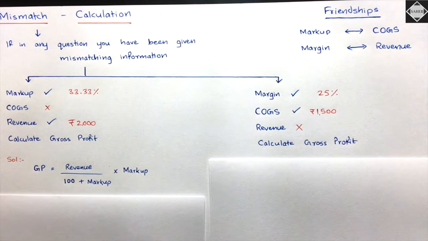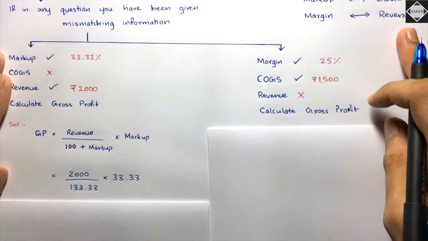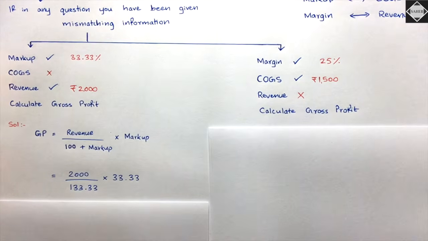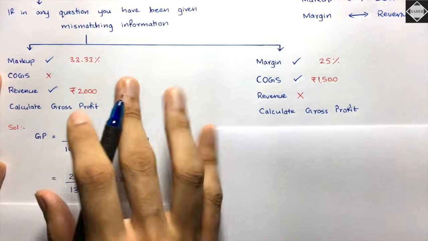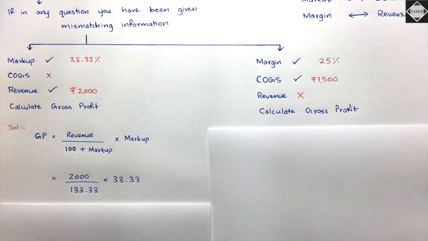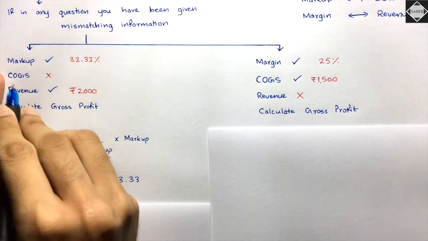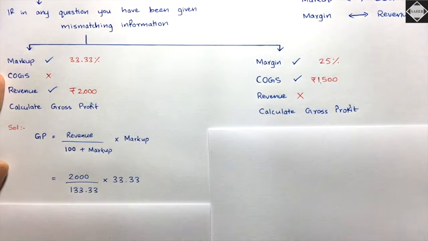Okay, so let's just see that. How will you calculate? It's really simple. 2000 is your revenue, divide by 133.33 into 33.33. Now what's the logic and everything about this? Let's understand. From the markup point of view, we assume that this cost of goods sold, markup's friend, is at 100%.